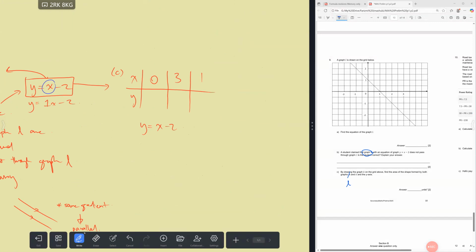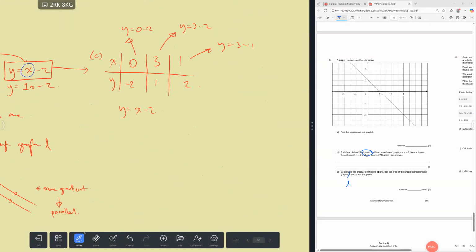Okay, so you have to substitute in the values. For the first one, it is y equals 0 minus 2. The second one is y equals 3 minus 2. The third one is y equals 3 minus 1. And here you have the values, minus 2, 1, and minus 2. My apologies. What am I writing? It's not 3 minus 1.